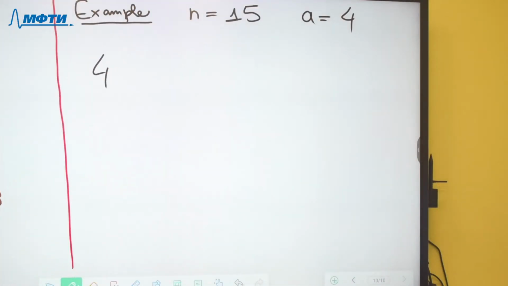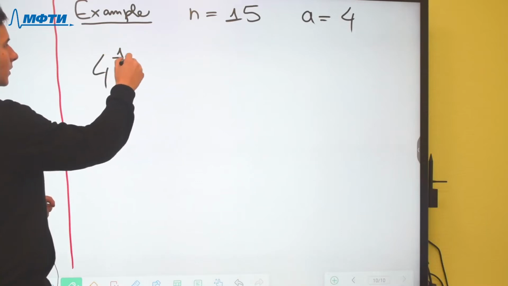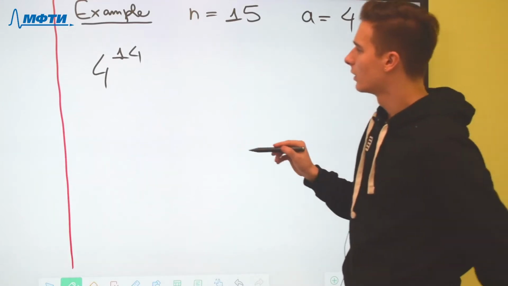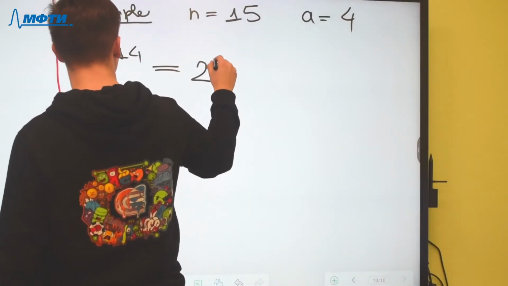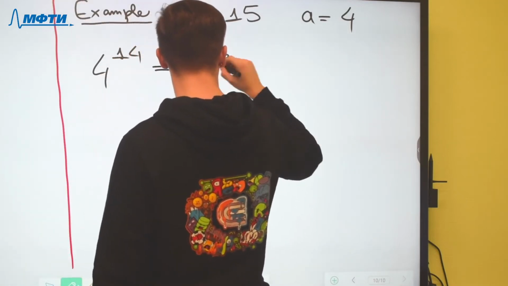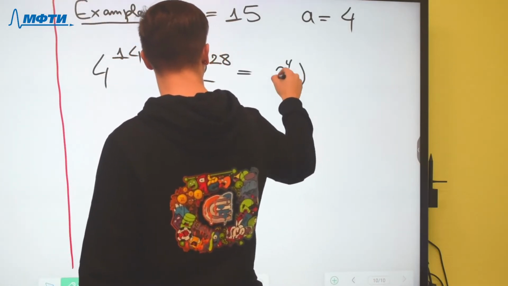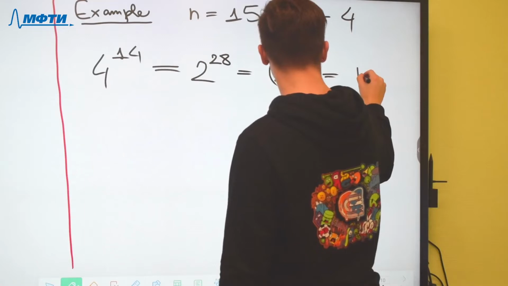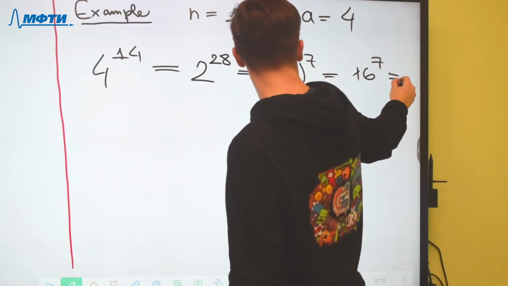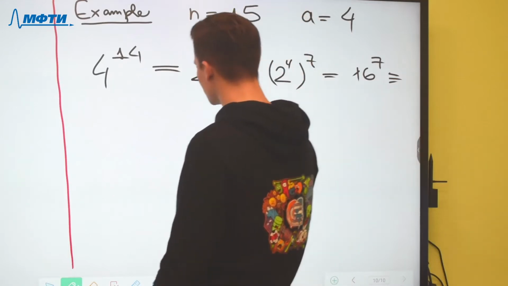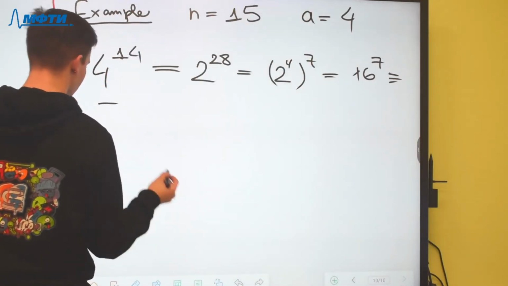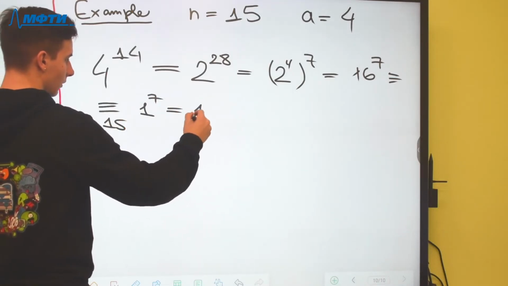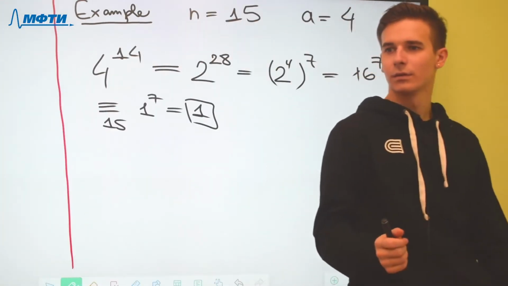If we try to multiply 4 by itself 14 times, we get this number, and we get 1.